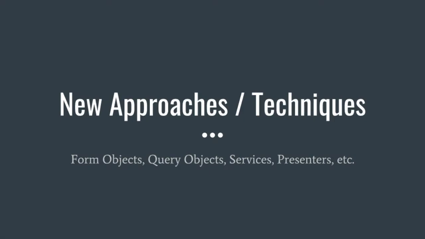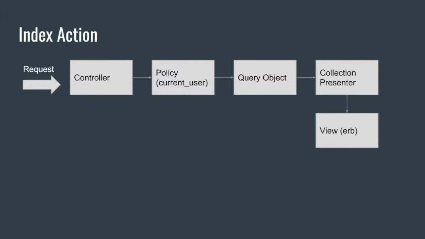I don't necessarily know if the names that I chose are agreed upon. Nobody seems to have agreed: do we call them presenters, do we call them view objects, do we call them decorators? I'm sure someone somewhere has defined what they are, but there's a lot of debate over that, it seems.